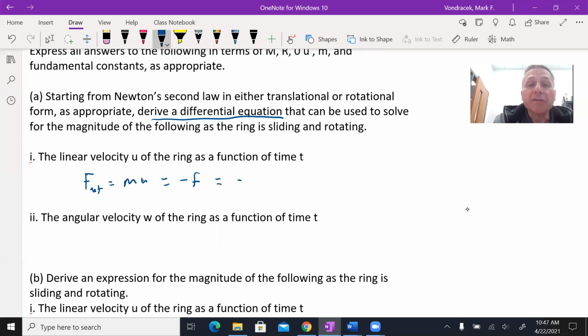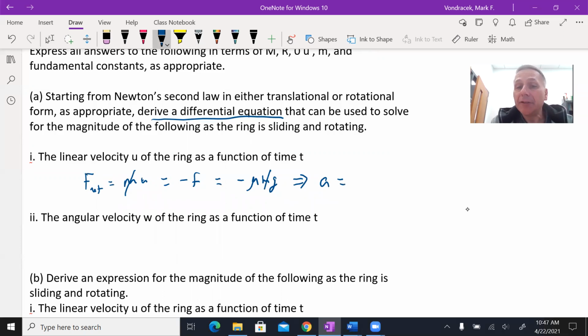Now friction is the coefficient multiplied by the normal force. And on a flat surface, the normal force is generally just the weight of the object, and that's it. Now for the differential equation part of it, I'm going to notice that the mass of the ring cancels out. A differential equation just means you have a derivative in it.